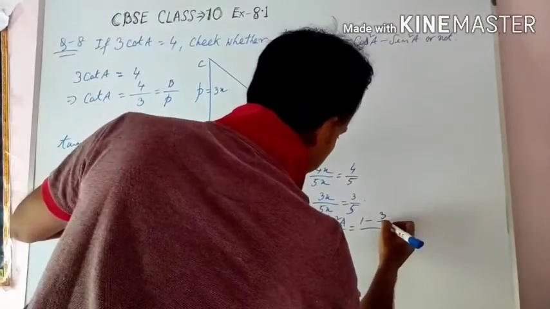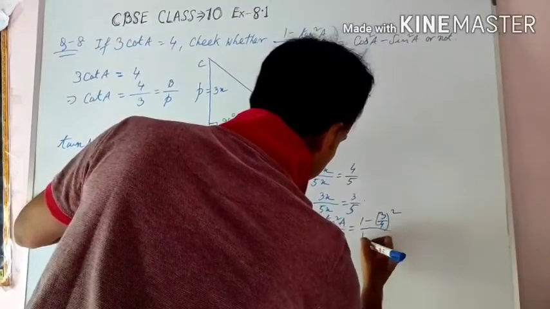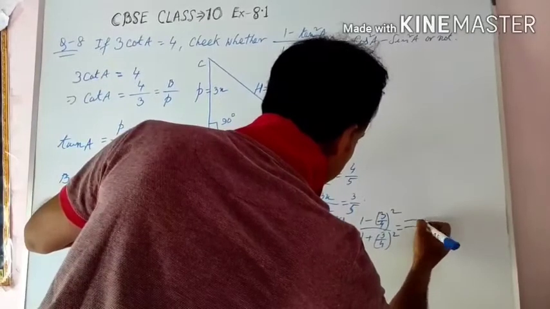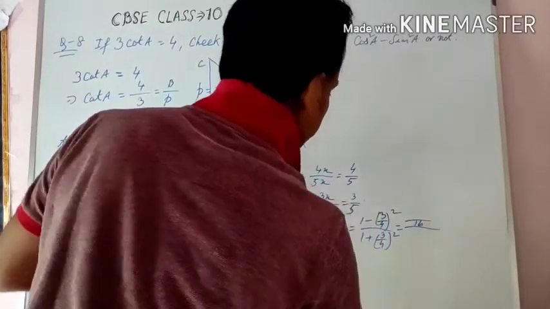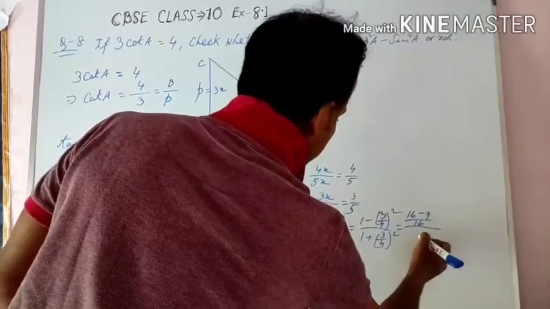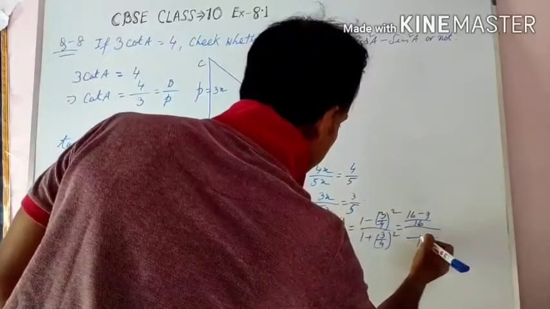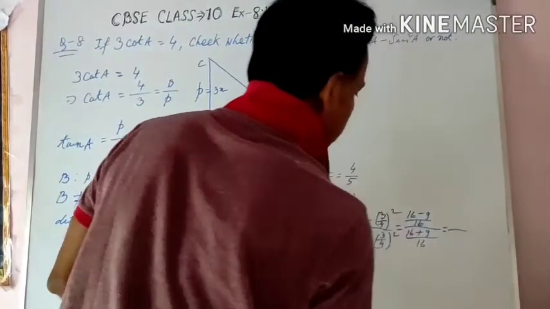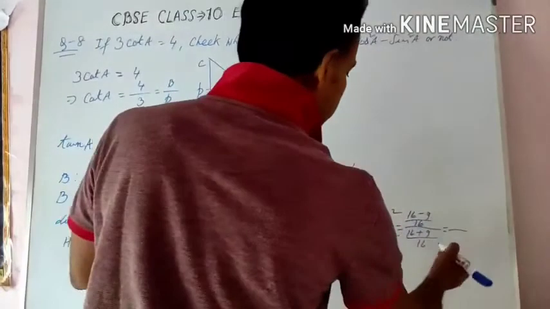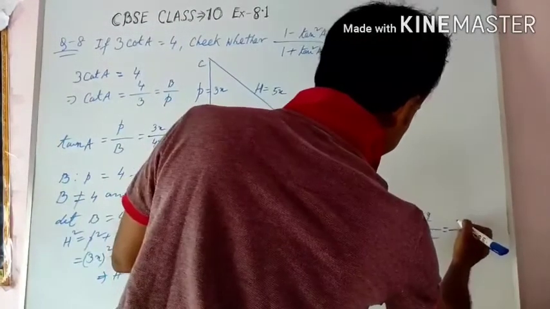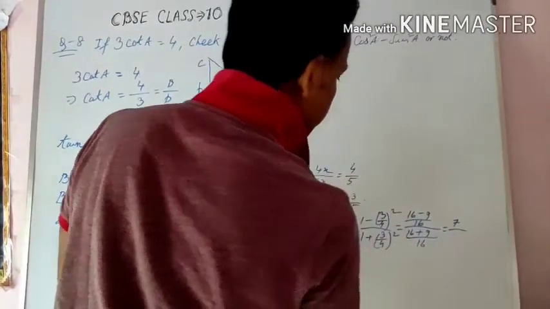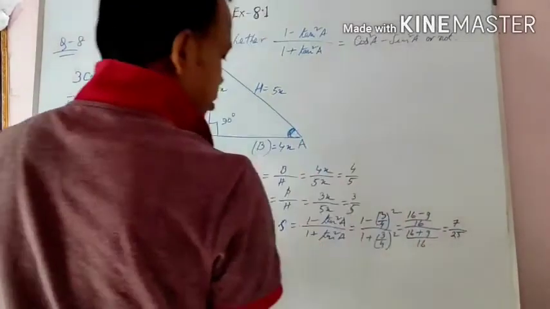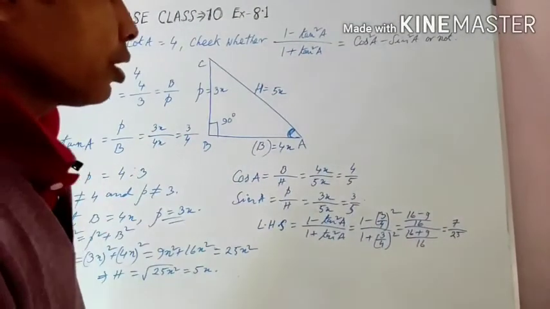That is 1 minus (3/4) square by 1 plus (3/4) square, which is (16 minus 9) by 16 over (16 plus 9) by 16. 16 cancels out, so it is 16 minus 9, which is 7, by 16 plus 9, which is 25. So left hand side is equal to 7/25.